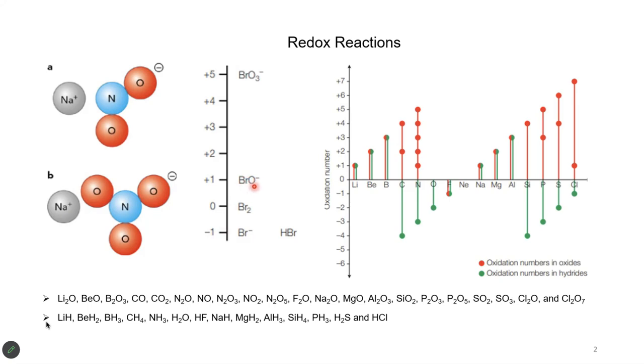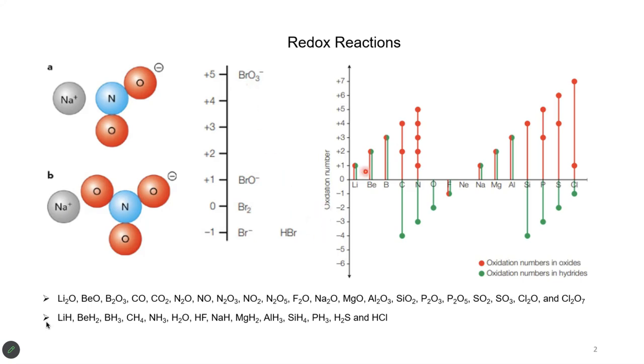And if we have hypobromite ion, the oxidation state of bromine is +1. And if we go there, that is bromate ion, the oxidation state of bromine is +5. So this is an example of an element having different oxidation states.